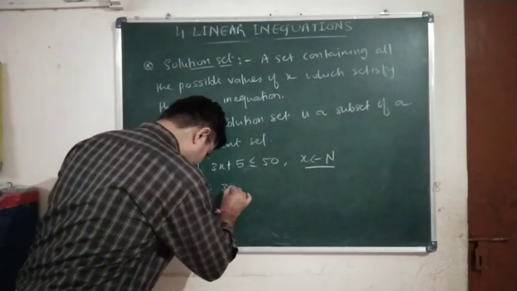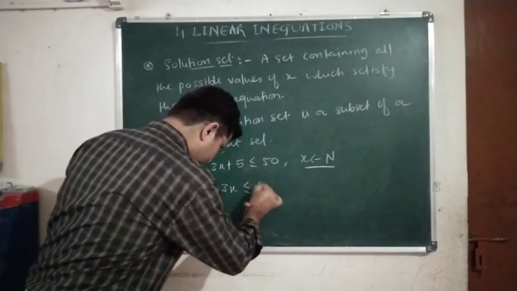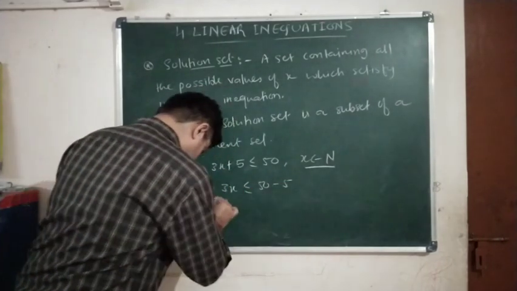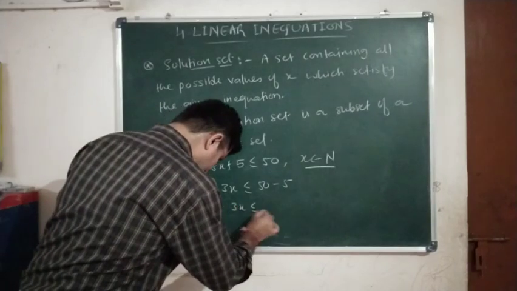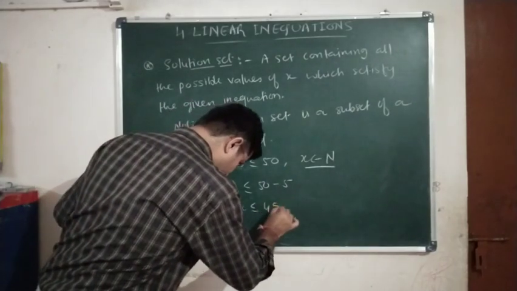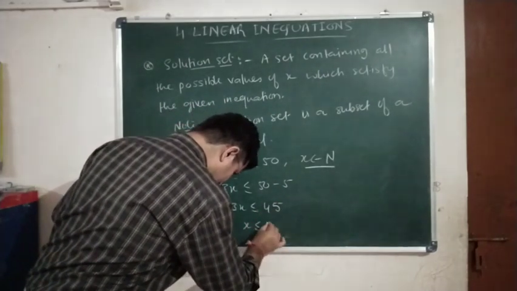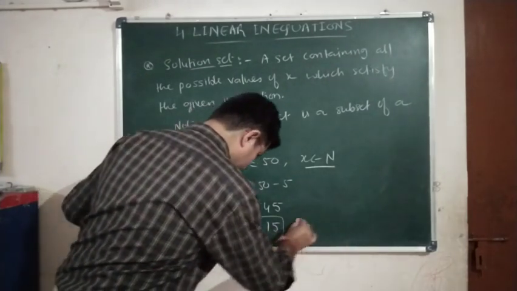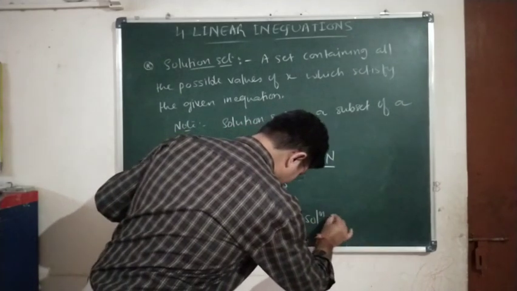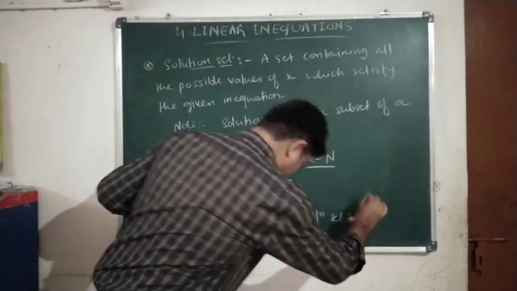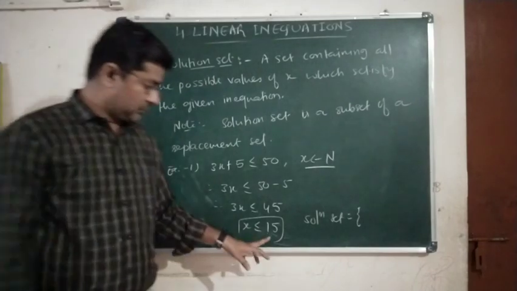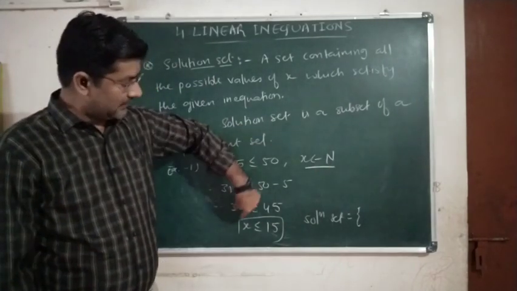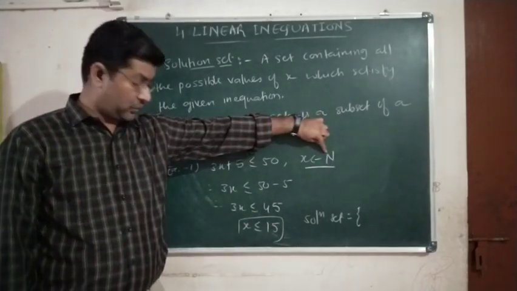So let us simplify. I will transpose this 5 to the other side. Therefore 3x is less than or equal to 45. Dividing by 3, you will get x less than or equal to 15. Okay, and now if you want to write the solution set, values of x are to be selected from N, the set of natural numbers.